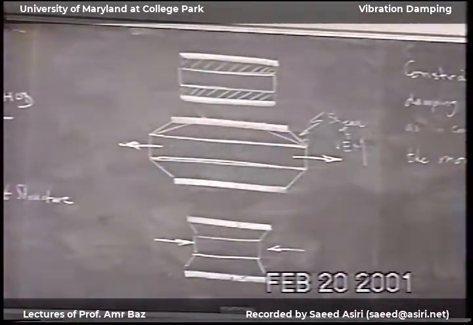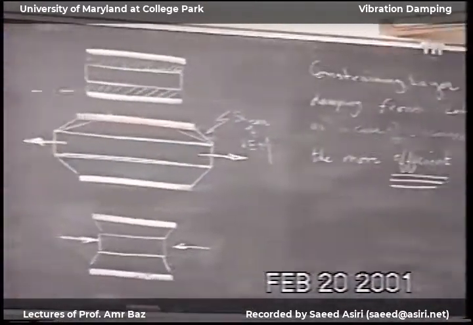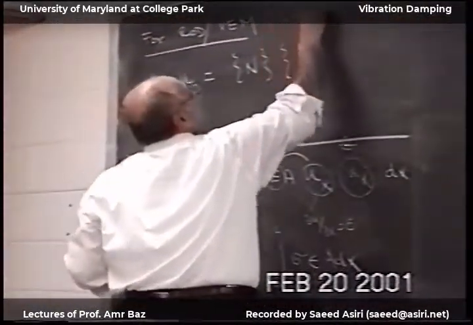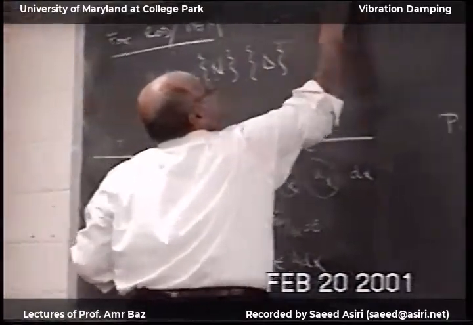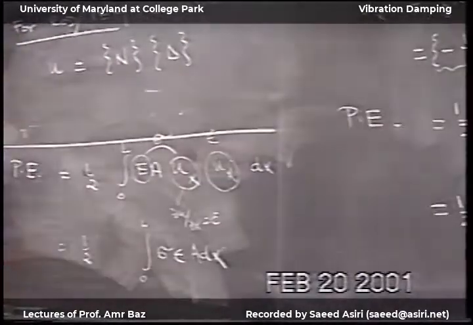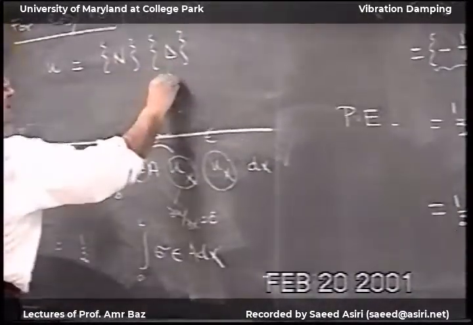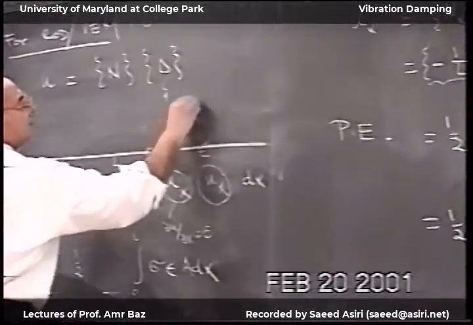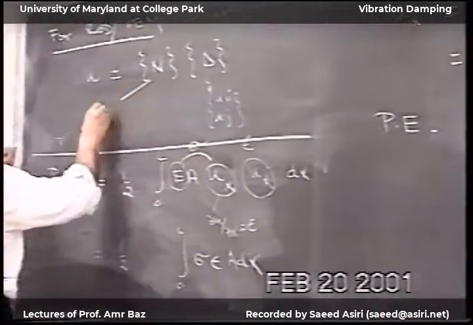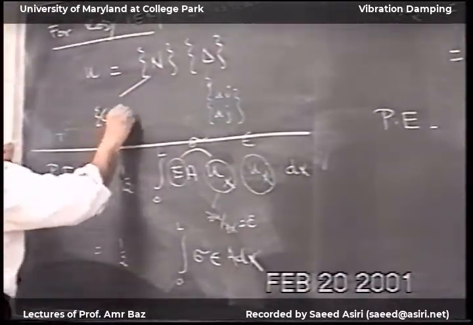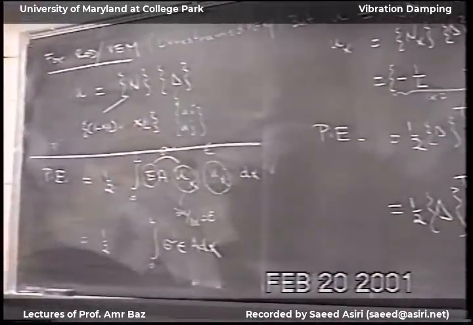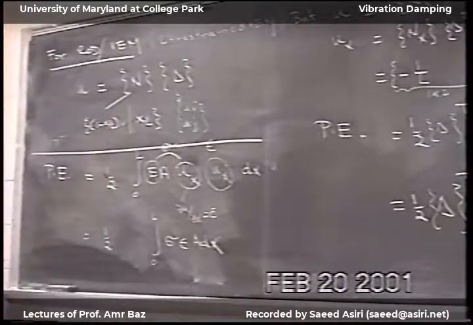So this equation will still be valid for the case of the unrestrained viscoelastic material. And this nodal deflection vector is still Ui and Uj. And this is still the same: 1 minus x over L and x over L. These are two entries of the vector.